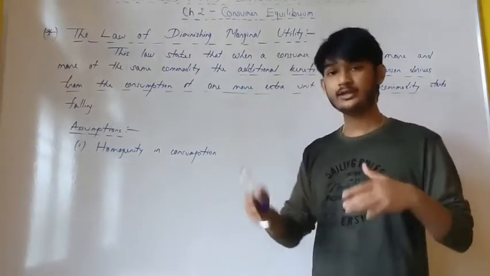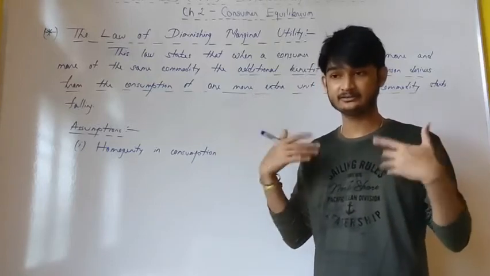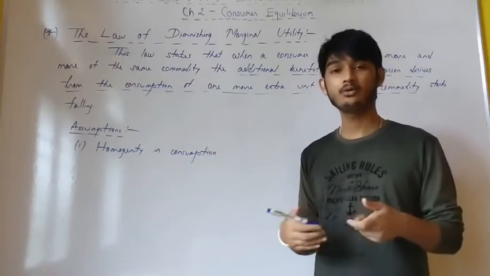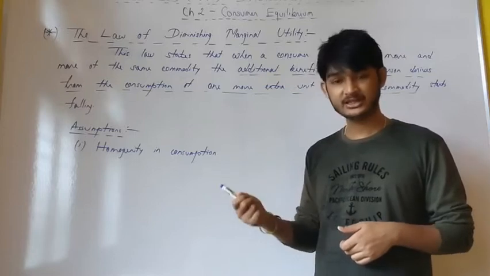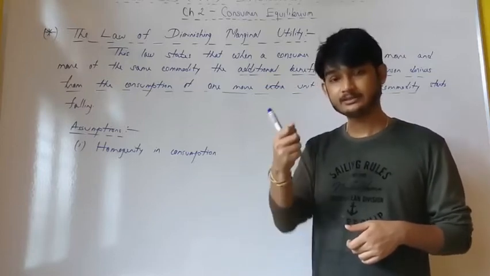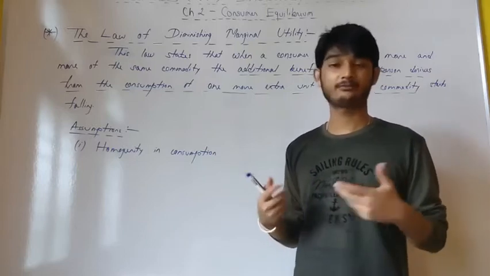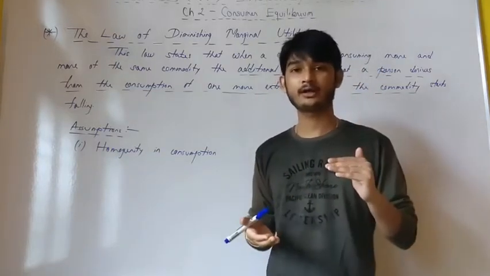So in this way, the marginal satisfaction, the marginal utility that we are getting will start falling. And giving a thirsty person a spoon of water will not give any satisfaction. We need to give him or her a glass of water.